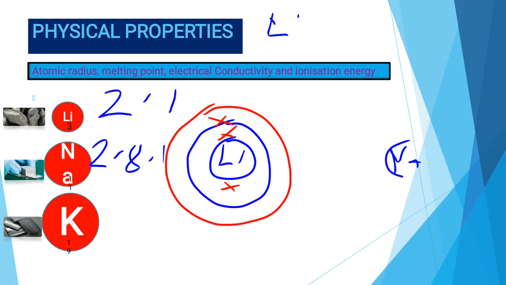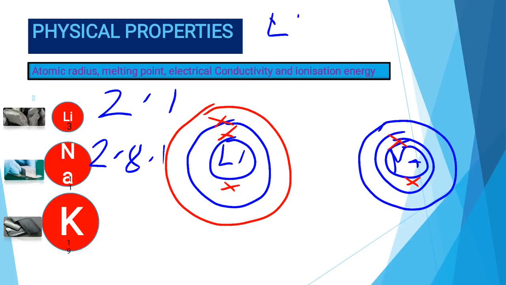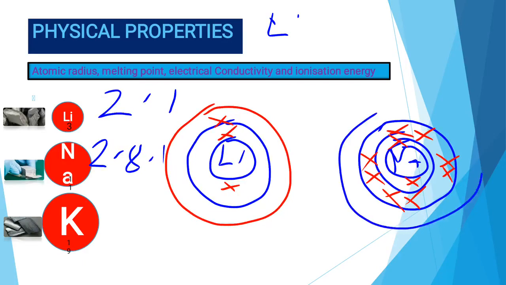So we have sodium, then we have the first energy level with 2 electrons, followed by the second energy level with 8 electrons, and then we have the last occupied energy level for sodium with only 1 electron.